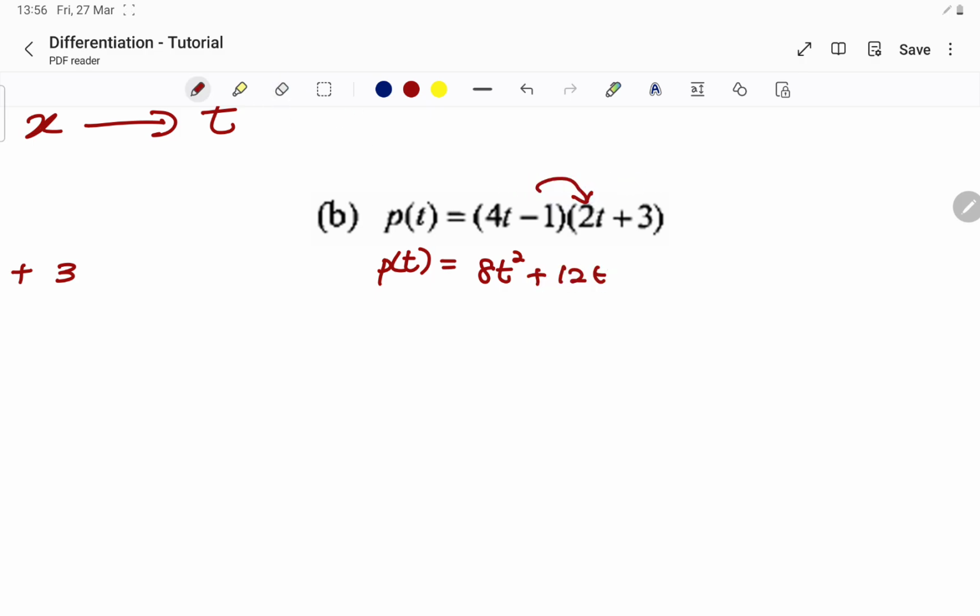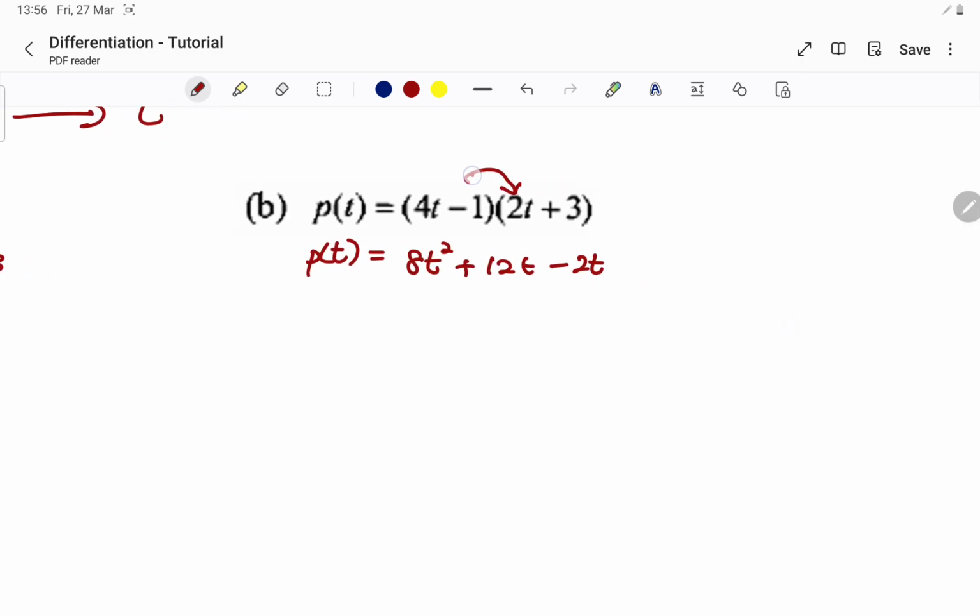And then negative 1 multiplied by 2t, negative 2t. Negative 1 multiplied by 3, negative 3. So you're going to get 8t squared plus 10t minus 3. So this is your p(t).